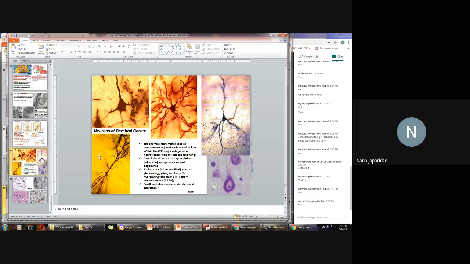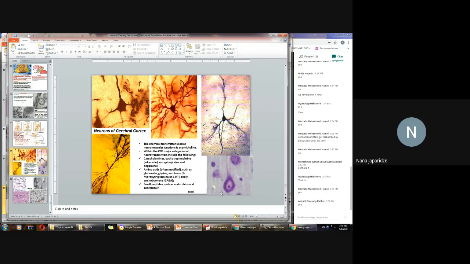I mean, types of neurons in the center, how the central nervous system is structured, and how the peripheral nervous system is structured. Well, you can see here the neurons which are stained with silver staining. That is why their processes are clearly visible.